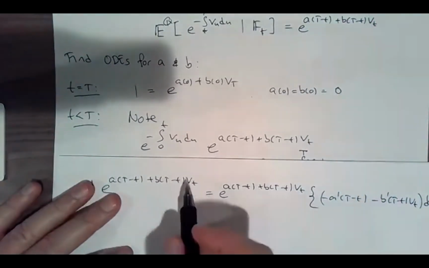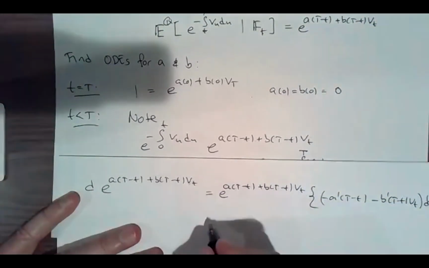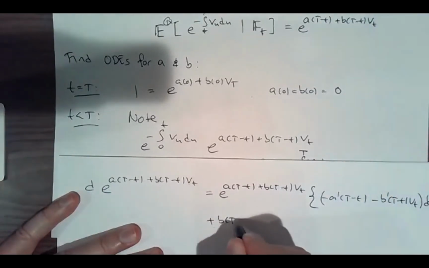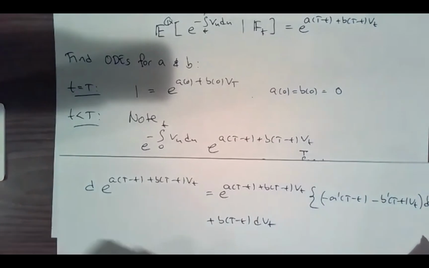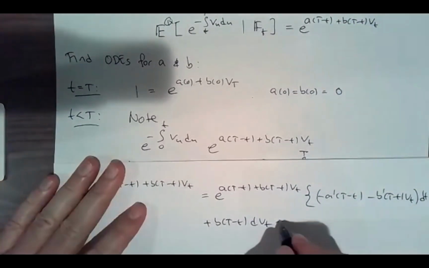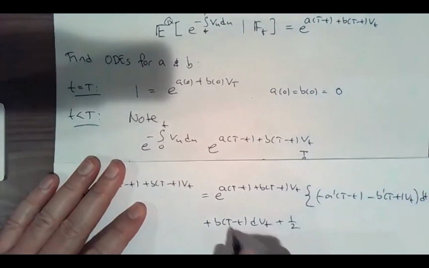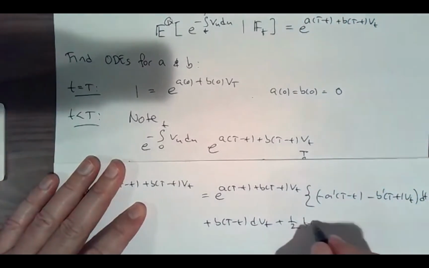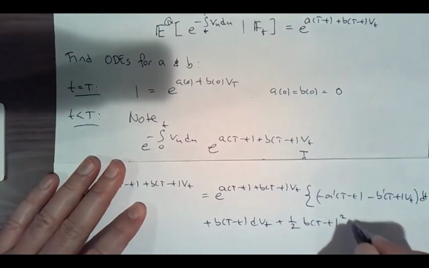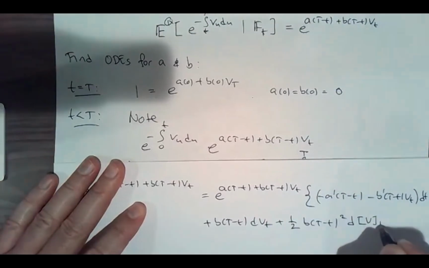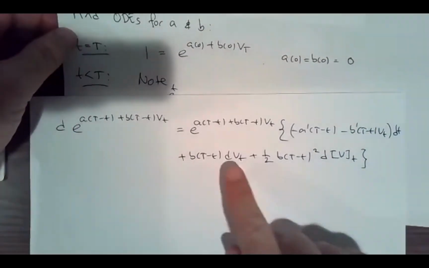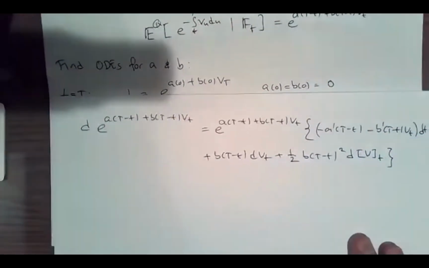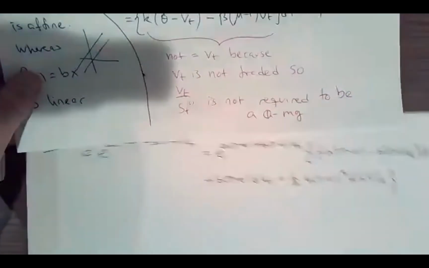Then we need a derivative with respect to v. That'll give me b(T minus t) dv_t. And then because there's Brownian motion inside v, I need the double derivative. So I'll get b for the first, b for the second, and then the quadratic variation of v. Now we need to figure out what dv is and what the quadratic variation of v is.